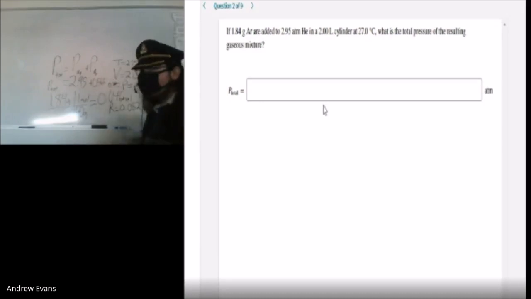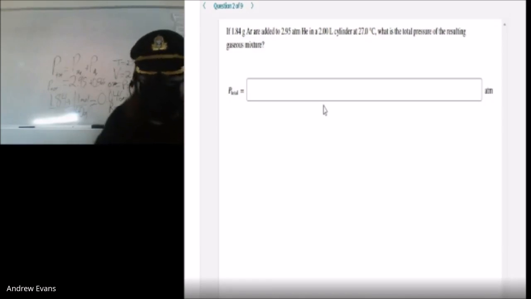And we add that to our 2.95. And that would be our total pressure. So my total pressure that I got when I summed everything up, 3.52.